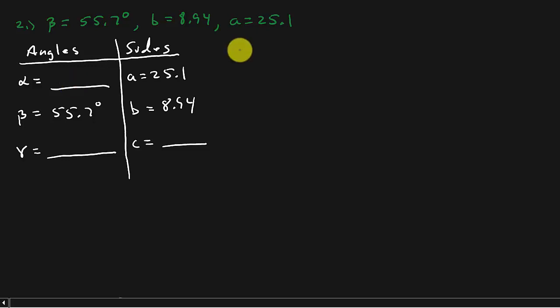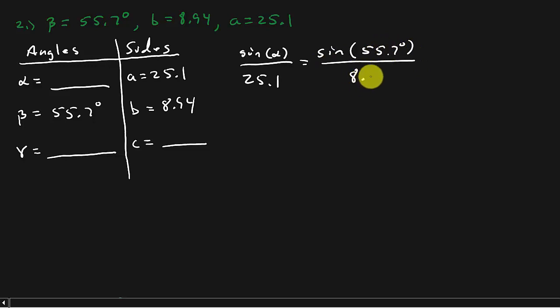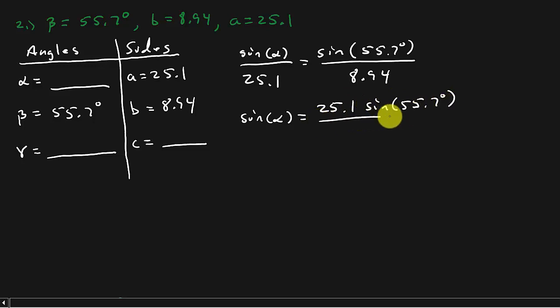All right. So I've got sine alpha over A equals sine beta, which is 55.7, over B, 8.94. So I get sine alpha is equal to 25.1 times the sine of 55.7 over 8.94.